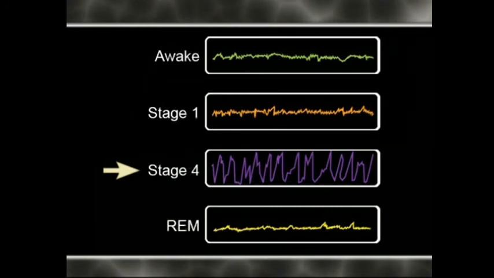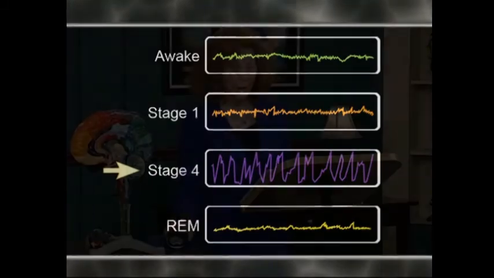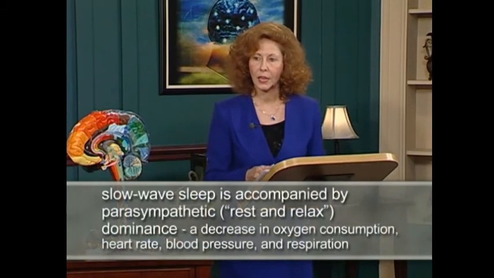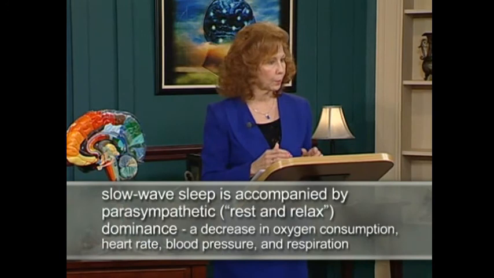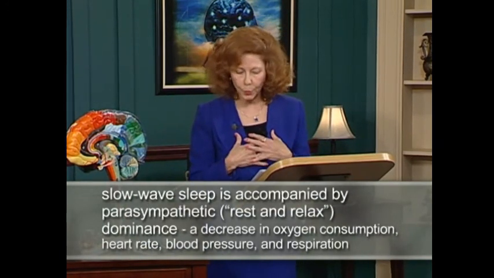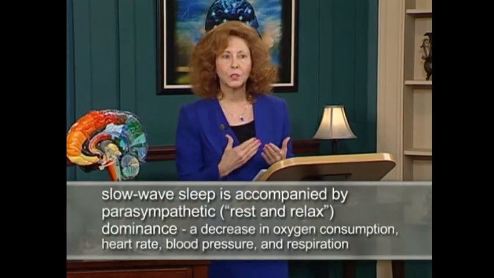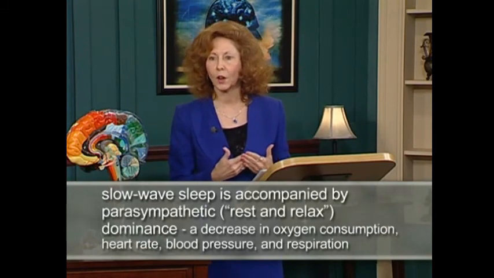Now, during slow wave sleep, with this very synchronized, high voltage activity, we have a decrease in heart rate, in blood pressure, and in respiration. That means there's a parasympathetic dominance.